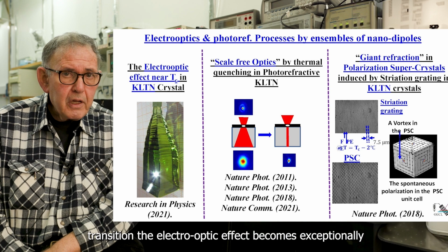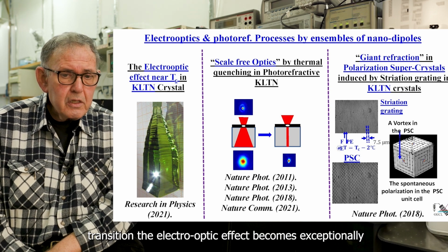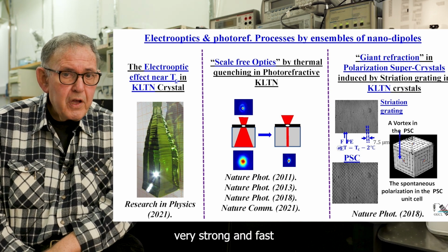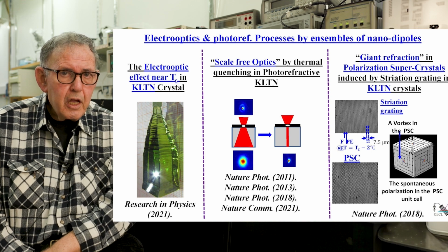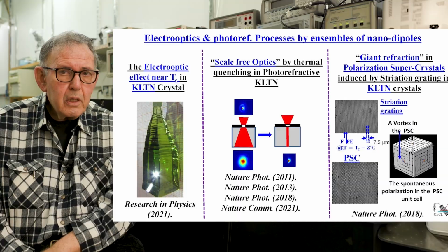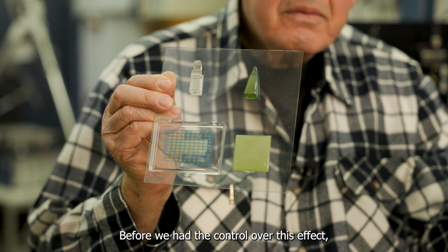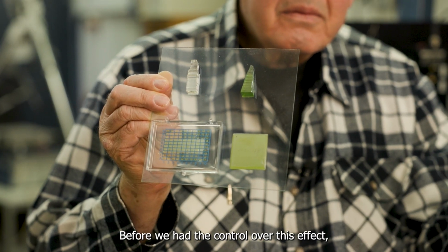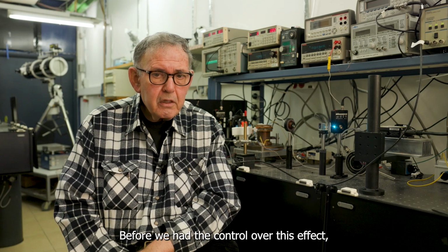The electro-optic effect in this region becomes very strong and fast, and we can use it for applications that could not be dreamed of before we had control over this effect.